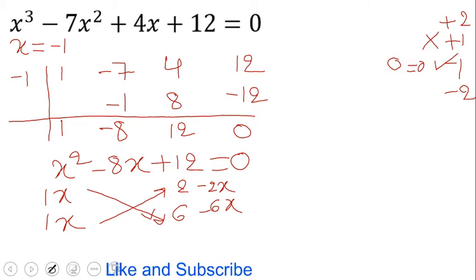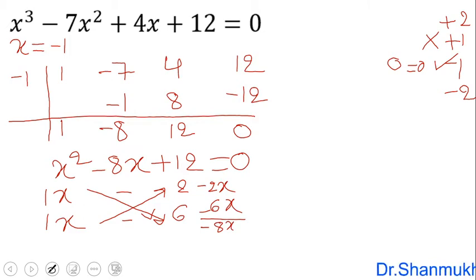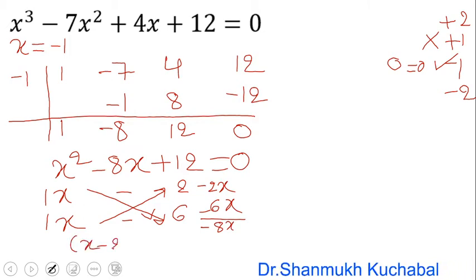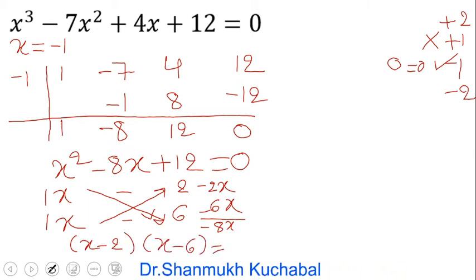So here it is minus, minus, and the middle value we get is minus 8x. So one factor is x minus 2, another factor is x minus 6 equal to 0.